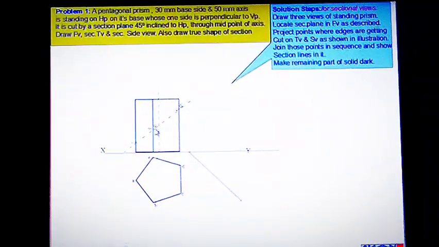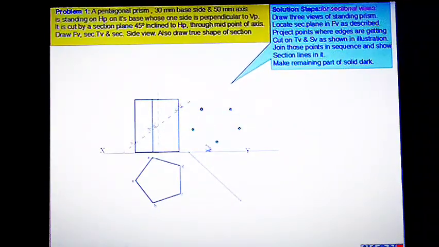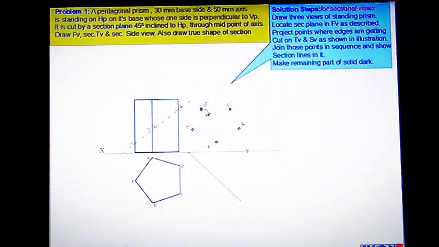Now we have to draw the horizontal projection lines like this, parallel lines, and get these intersecting points in the elevation. Now we can mark A double dash, B double dash, C double dash, D double dash and E double dash in the corresponding sides.